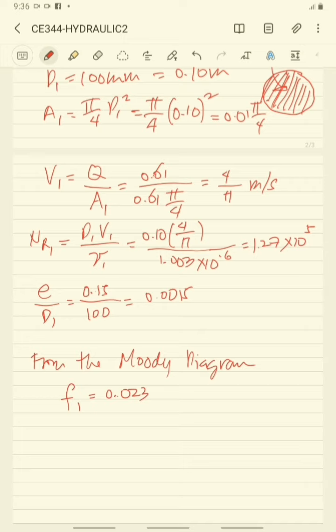So for the Colebrook-White equation, you can get the friction factor directly.